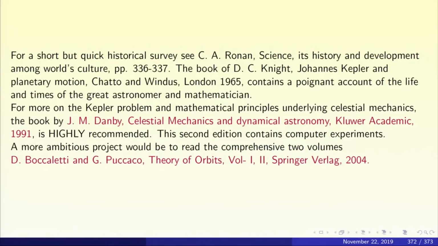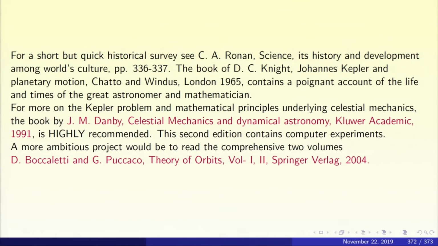For a short but quick historical survey of these things, see the book by C.A. Ronan, Science, Its History and Development Among the World Cultures. And there is a very interesting book by J.M. Danby, Celestial Mechanics and Dynamical Astronomy.